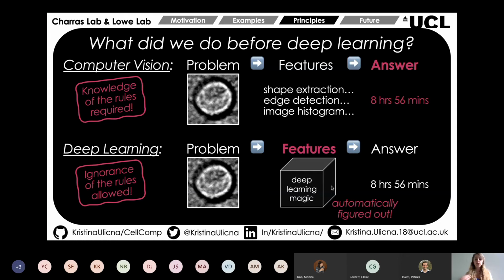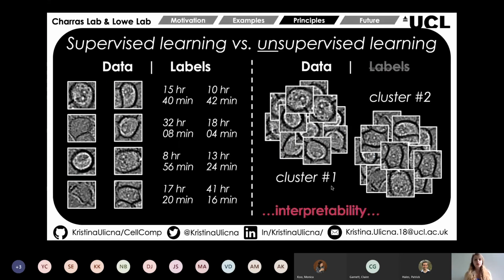Even though it can do it, we don't understand what it's looking at. And this is where the issue of interpretability comes into place. This is something that I think represents one of the future challenges, and even current challenges, of deep learning research.